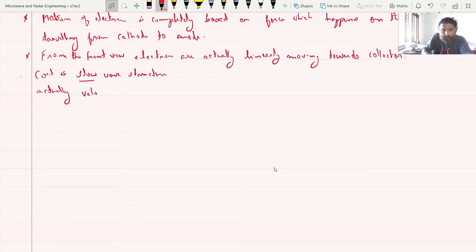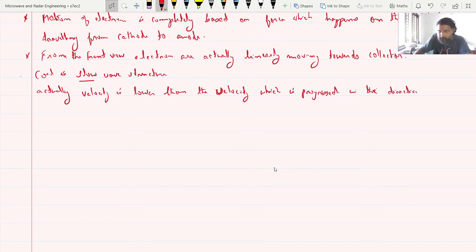The velocity is slower than the velocity which is progressed in the direction of anode.